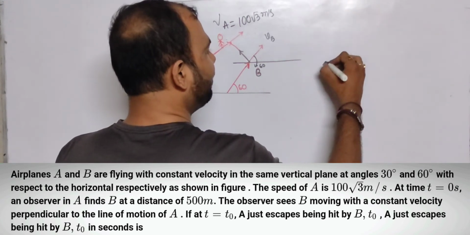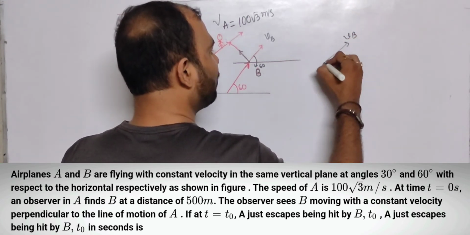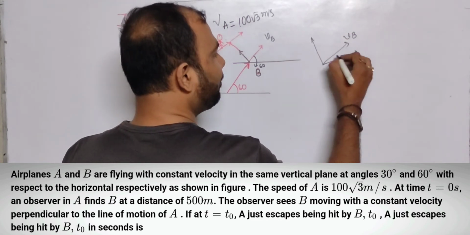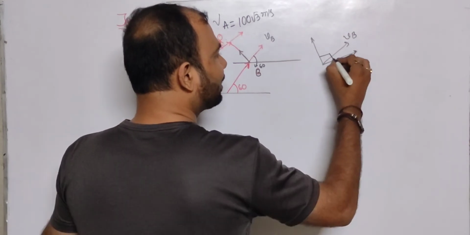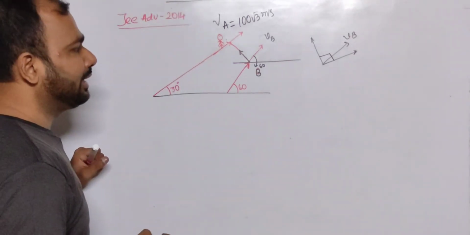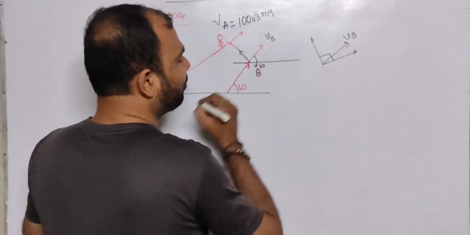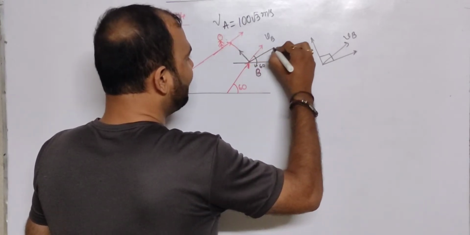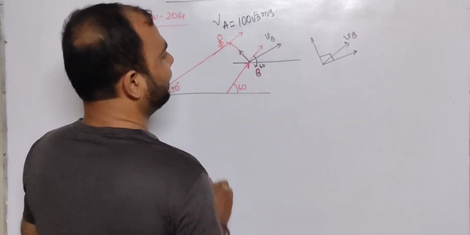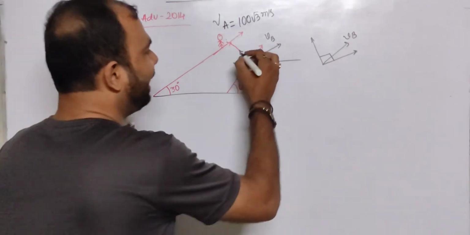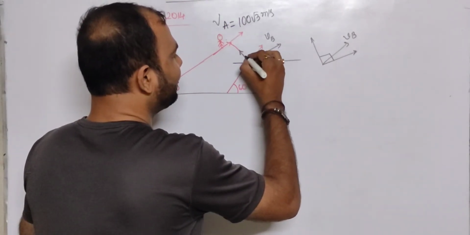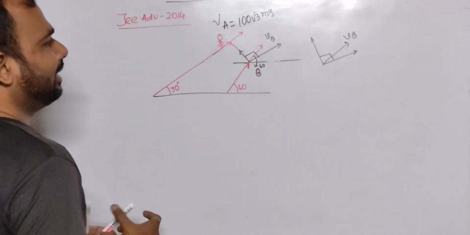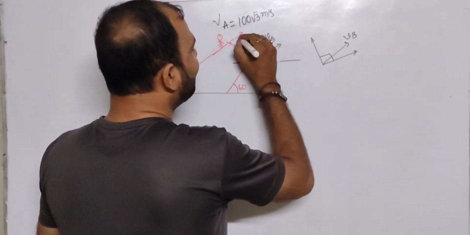If VB is over here, one component is like that, another component should be in such a way that the angle between the components should be 90 degree. If we consider a component over here, it will not create any 90 degree. But if we draw a line parallel to this line, we'll get a 90 degree between the two lines.